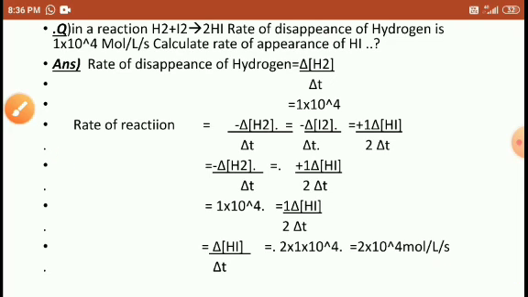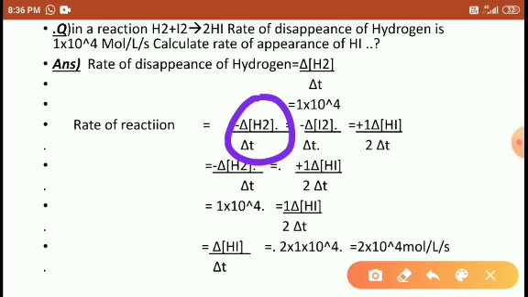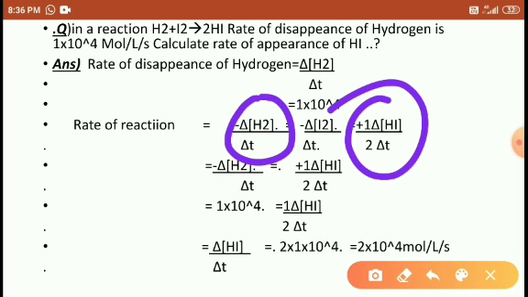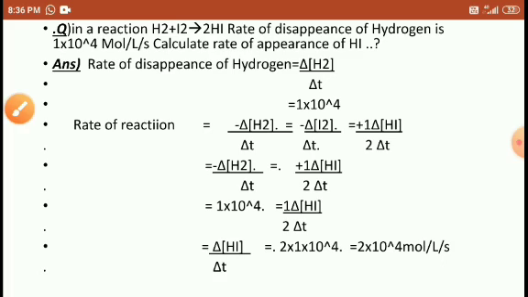So in this case, students, what happened? We need only the hydrogen concentration and hydrogen iodide concentration. With the respective hydrogen concentration, we have to calculate the appearance of HI.